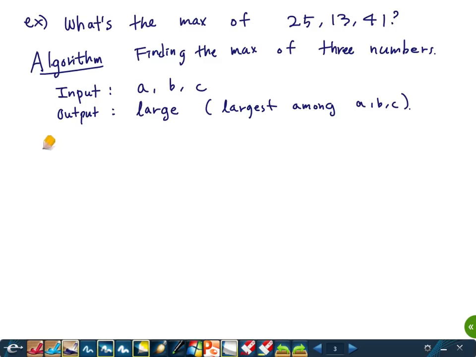I'm going to write down the pseudocode. I'm going to first write it down and then explain. So let's see if you can make sense out of this.